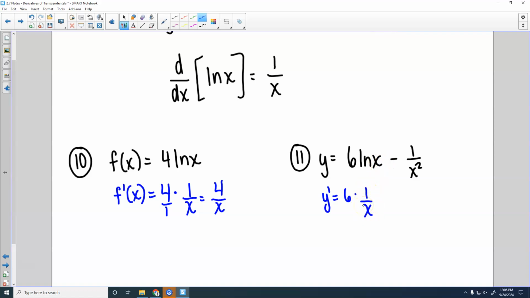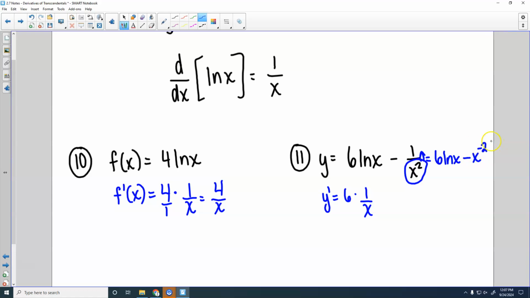But for the second part, currently it looks like something I can't really do. However, I probably should have done this first. I could rewrite this with negative exponents. So instead of having a fraction here, I could move this back up to the top and give it negative exponents. So it would look like this, minus x to the negative 2.